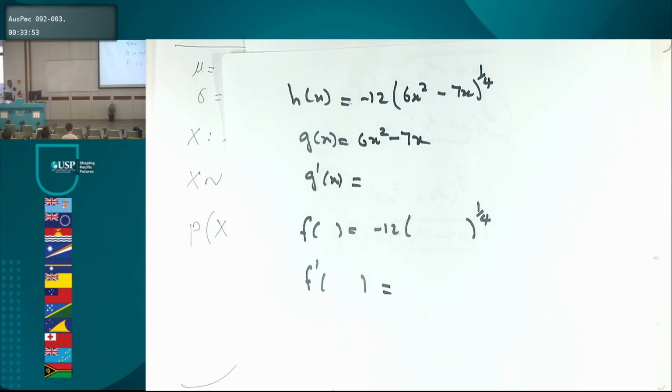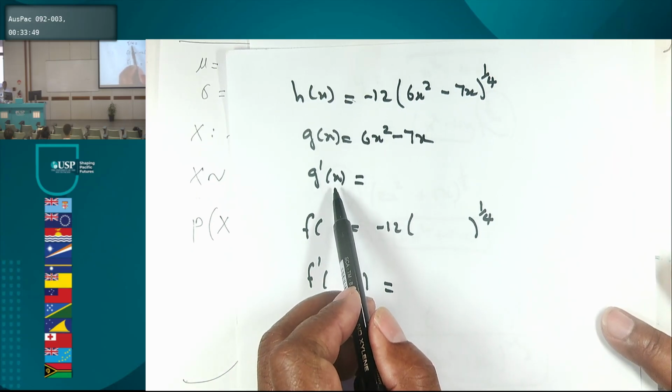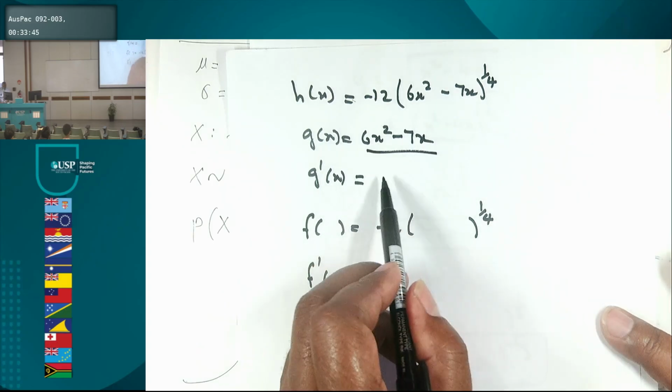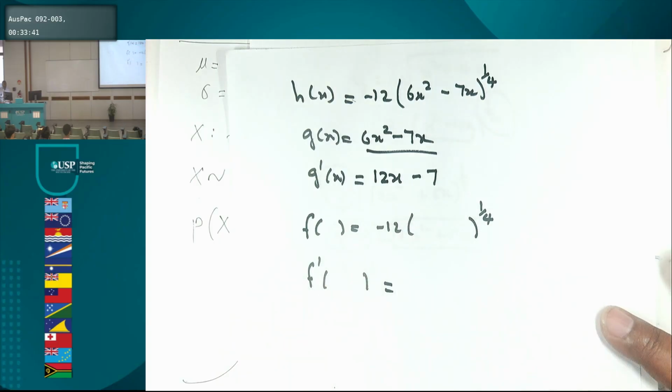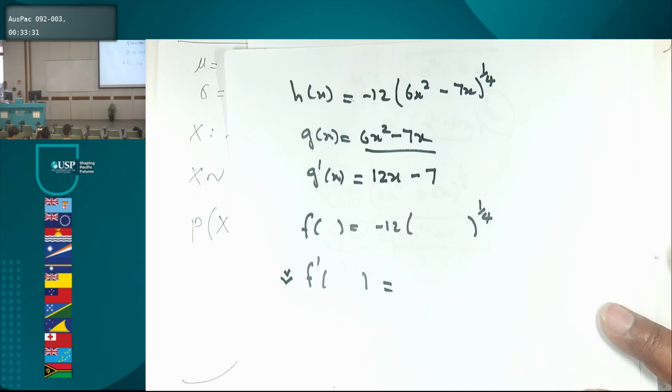Yep. Inner, by the way, g dash, what do we get? Differentiate this, we get 12x minus 7. I'm interested in f dash. What do we get? Differentiate, go on.